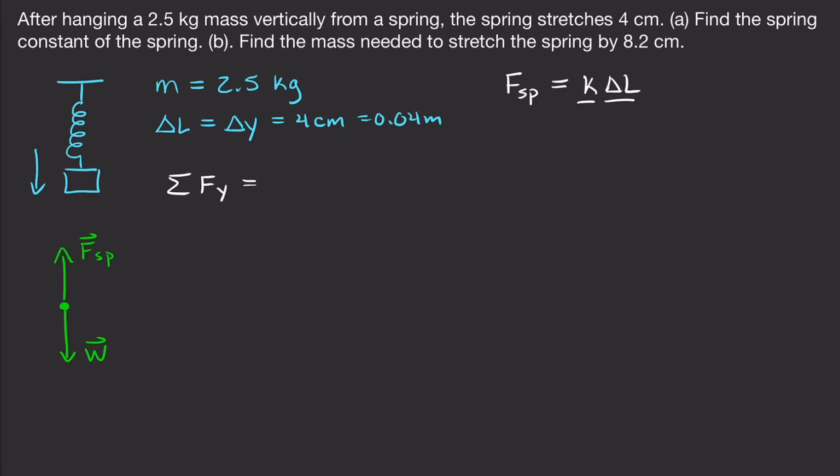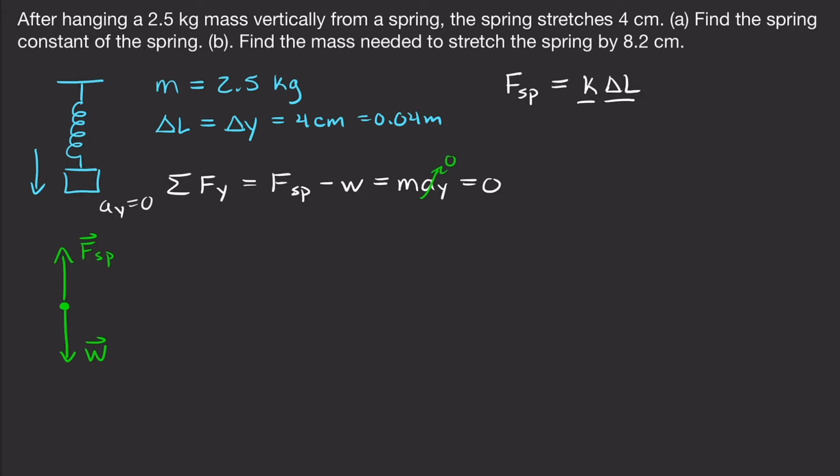So if I sum the forces in the Y direction, I have the spring force that's going up, and I have the weight that's going down. And if I set that equal to mass times acceleration, I get 0, because once the spring has stretched, it will stop moving, and so our acceleration will be 0.